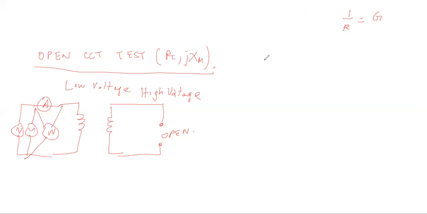So let's say this voltage reading was VOC, which is the open circuit voltage reading, and this current reading was IOC, the open circuit current reading, and let's say the wattmeter reading was WOC. How can we find RC and JXM? As we know, RC and JXM are attached in parallel, so instead of going for their resulting combination, we look at the reciprocal of their values.